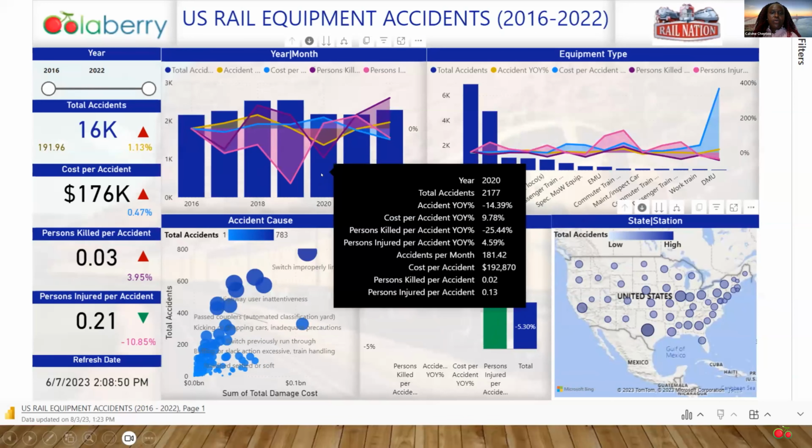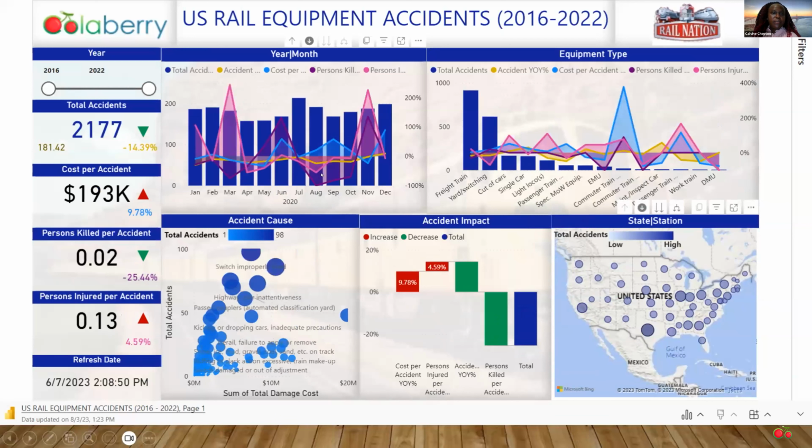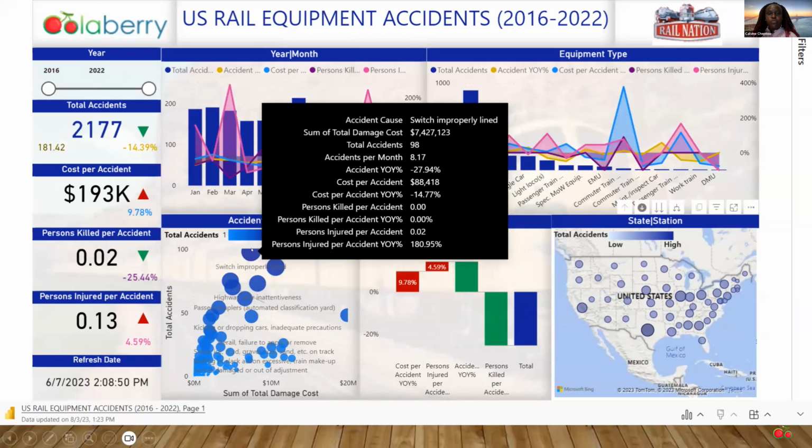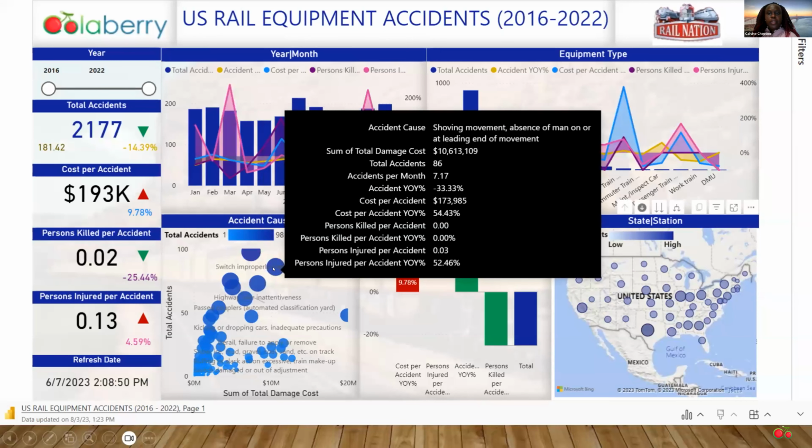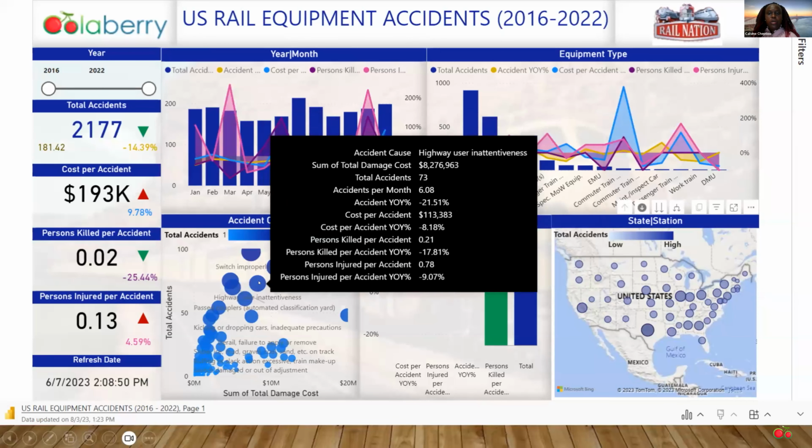So on the positive insights, we can see that in 2020, the accidents decreased by 14.39%, and persons killed per accident also decreased by 25.44%. And on the accident causes in 2020, we can see that the top accident causes were switch improperly lined, shoving movement, absence of man on, and the highway user inattentiveness.